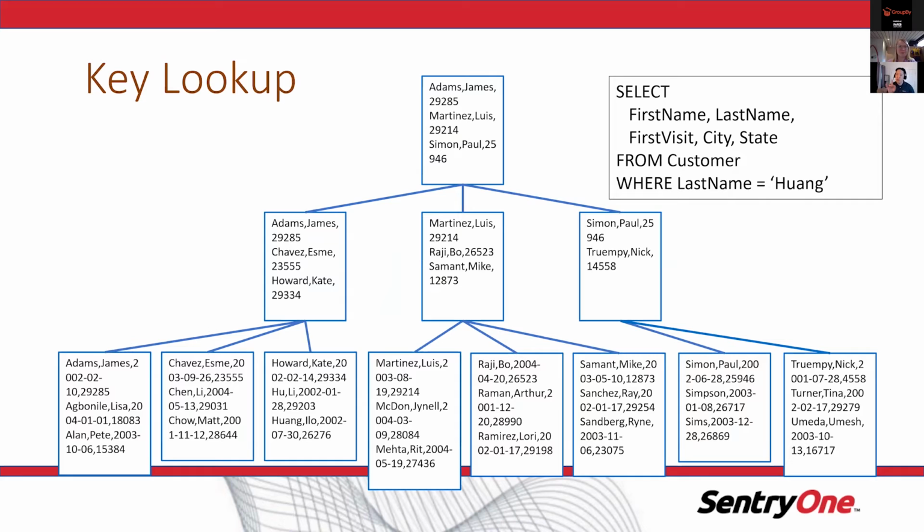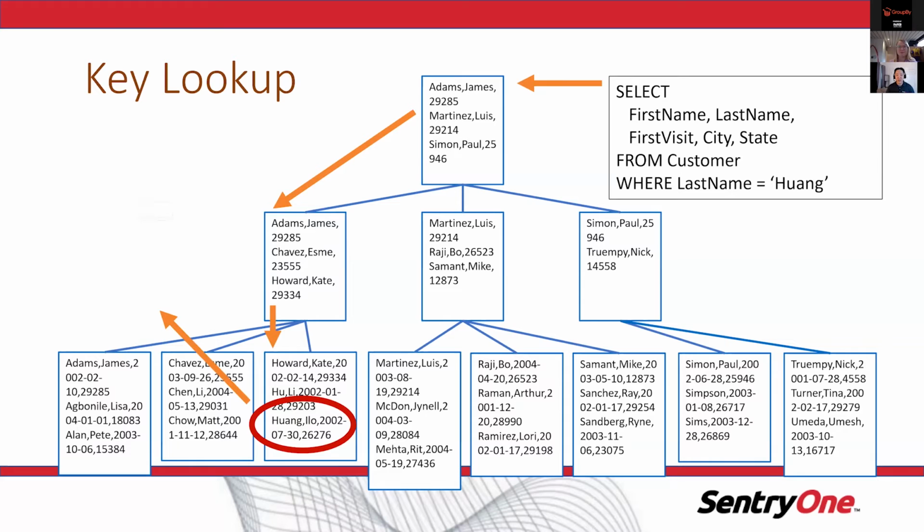All right, so this select statement I've modified, we're going to look for first name, last name, first visit, city, and state. Was city and state part of the definition of our non-clustered index? It was not. But because I have this predicate where last name is equal to Huang, I can still do a seek on this non-clustered index, and I can find the record in question. However, I need 2 additional data points, city and state.